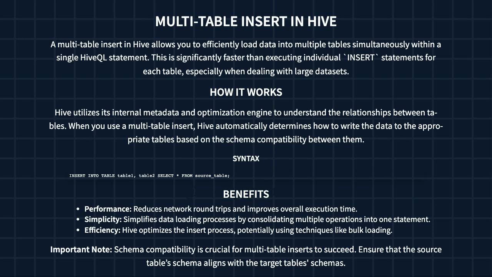The syntax is pretty straightforward. You use a comma-separated list of tables in the insert into clause followed by a select statement from your source table. It's much faster, simpler, and more efficient than doing things piece by piece. Just remember that all those tables need to be compatible in terms of their schema. They have to line up properly for this to work seamlessly.